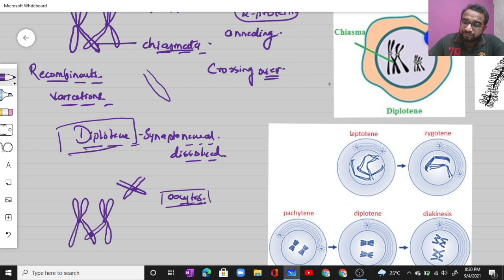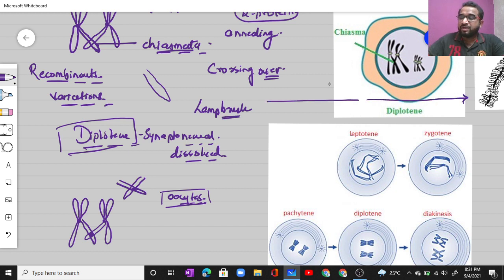Another thing, here it is also seen that there are some chromosomes which are called lampbrush chromosomes. Now, where are these lampbrush chromosomes? Over here we can see the diagram.